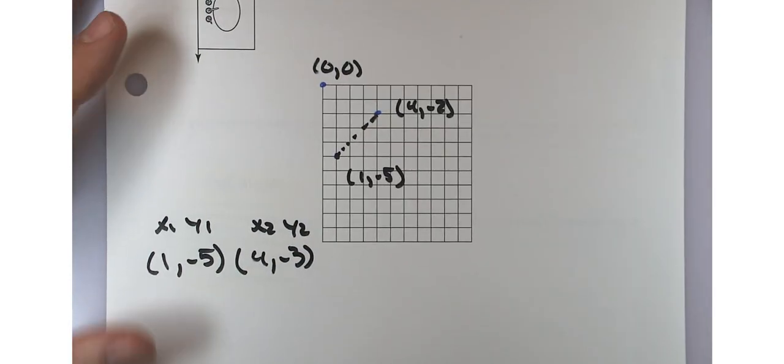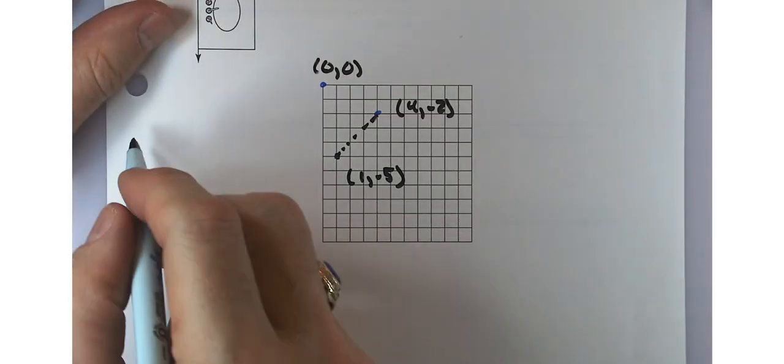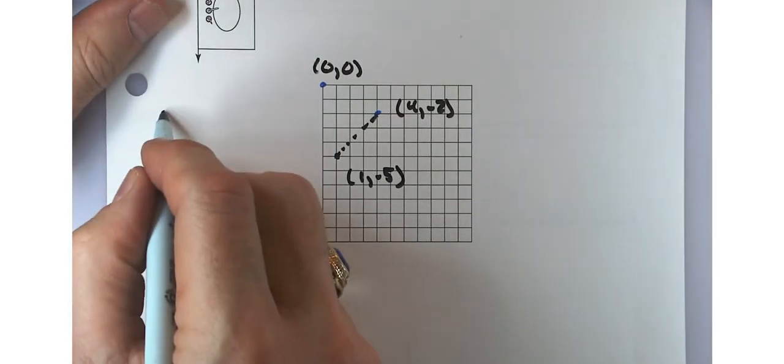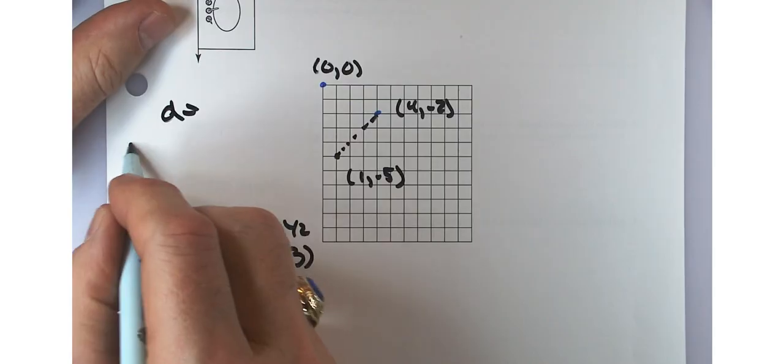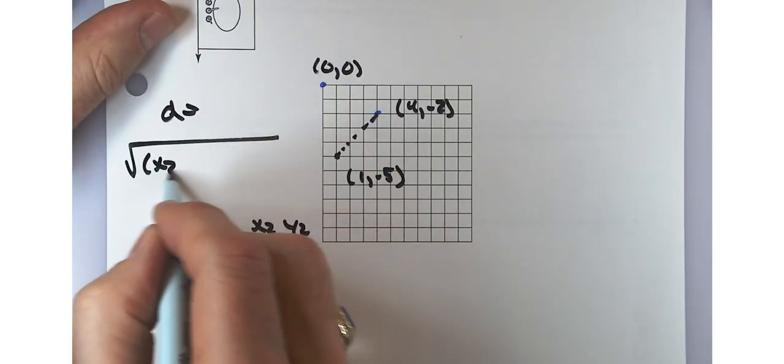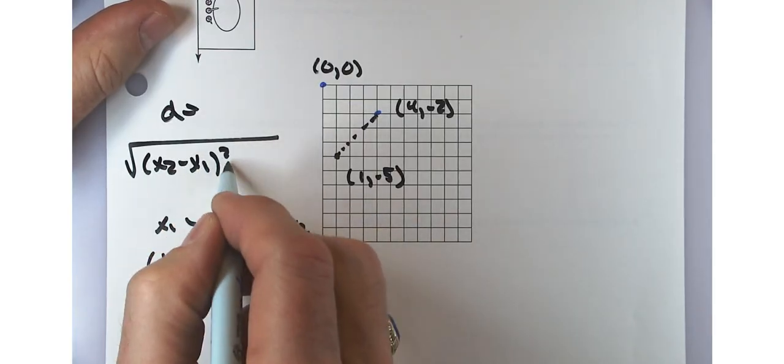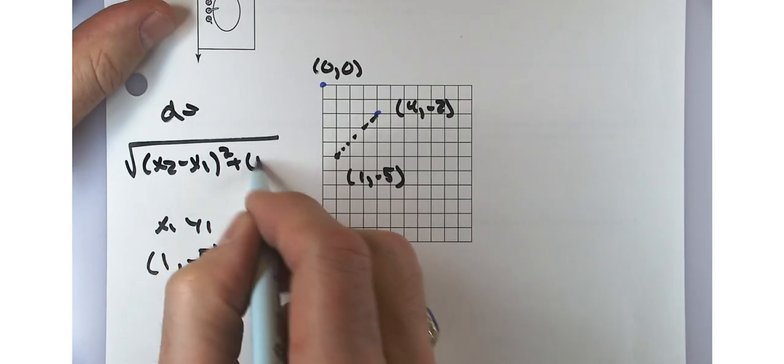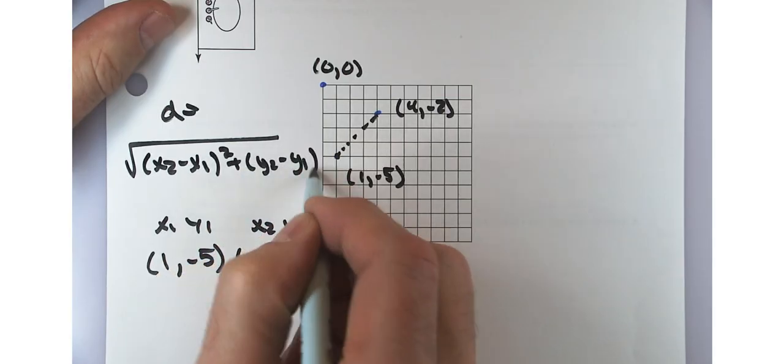See if you can fill in the formula for the distance. x2 minus x1 squared plus y2 minus y1 squared.